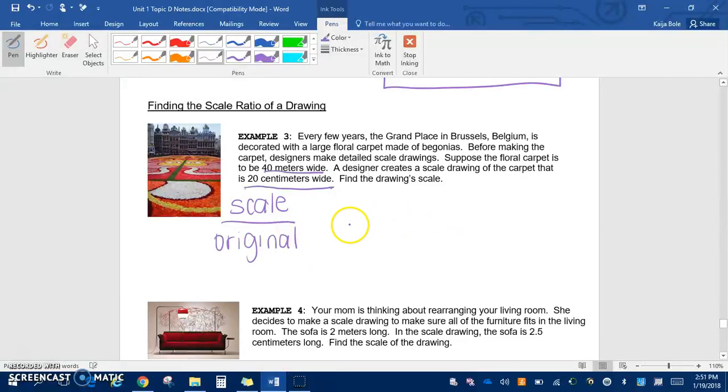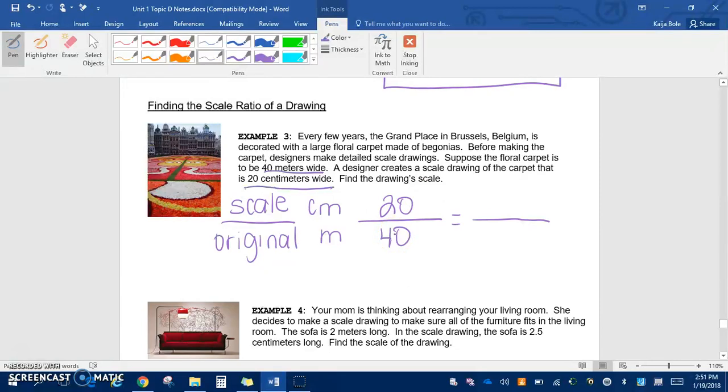And then set up your blank proportion here. Alright, and in our scale, we have centimeters on the top, and in our actual, we have meters on the bottom. So, we know that the actual is 40 meters wide, so that's going to go on the bottom here. And then for our scale drawing, it was 20 centimeters. And they're asking us to find the scale.